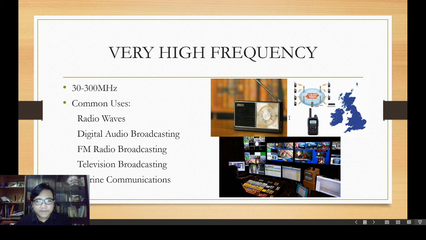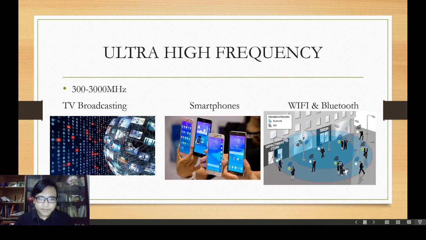The next is very high frequency. The frequency range is 30 to 300 megahertz. The common uses of very high frequency are radio waves, digital audio broadcasting, FM radio broadcasting, television broadcasting, and marine communications. Next is ultra high frequency.